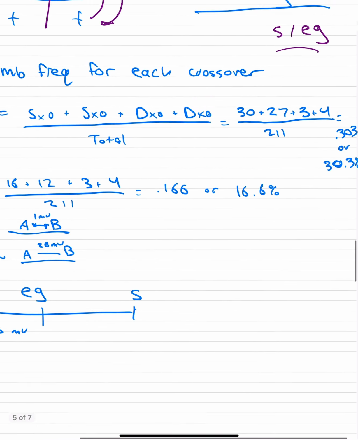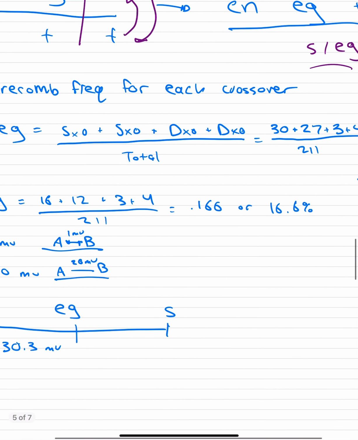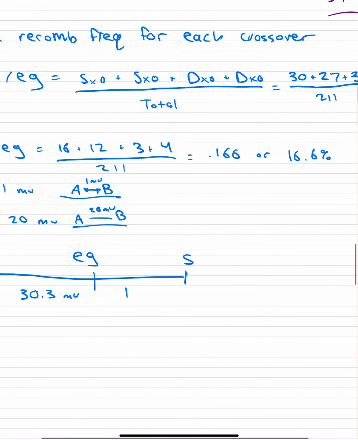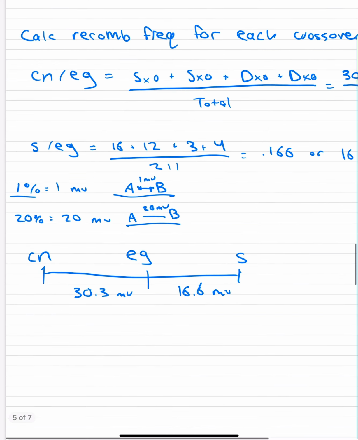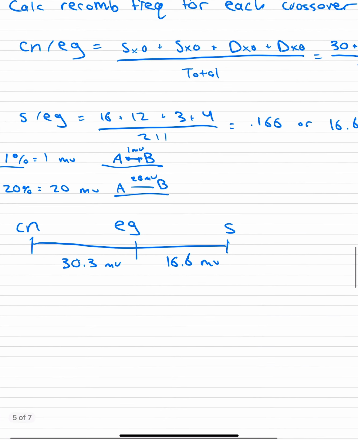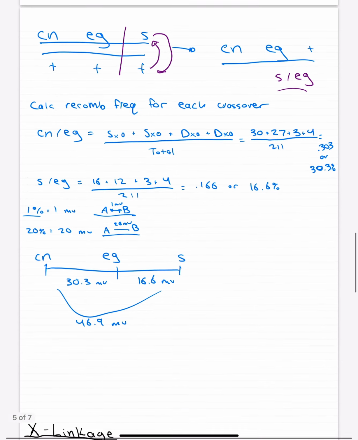For EG and S, we know that the recombination frequency is 16.6, or these right here are 16.6 map units apart. And that gives us a total of 46.9 map units between all of these genes. So now we found step 2.